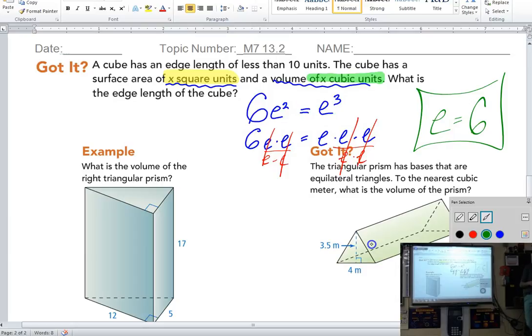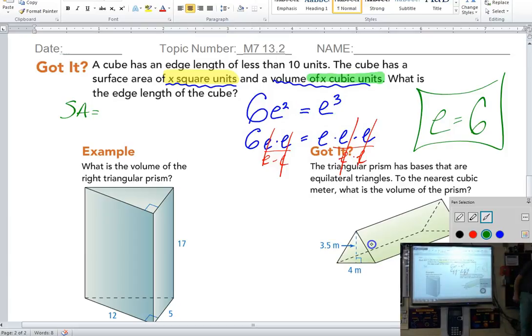So we have a cube that has an edge length of less than 10, and the cube has a surface area of x square units. So actually, we can work backwards now and find the surface area. Hang on to your question. If I do 6 squared, that's 36. 36 times 6 gives me the surface area. What's 36 times 6?